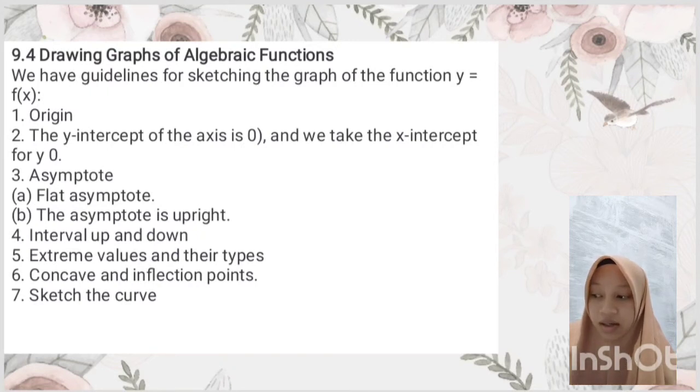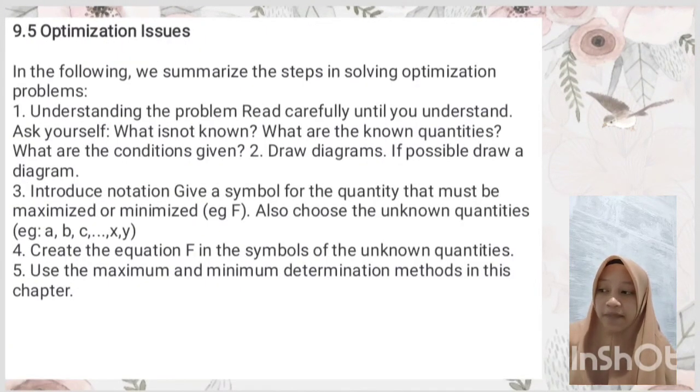Asymptotes: a. Horizontal asymptote. b. Vertical asymptote. 4. Intervals of increase and decrease. 5. Extreme values and their types. 6. Concavity and inflection points. 7. Sketch the curve.